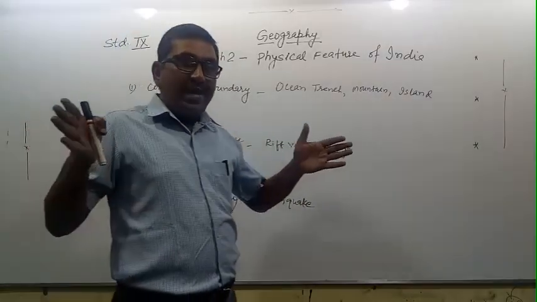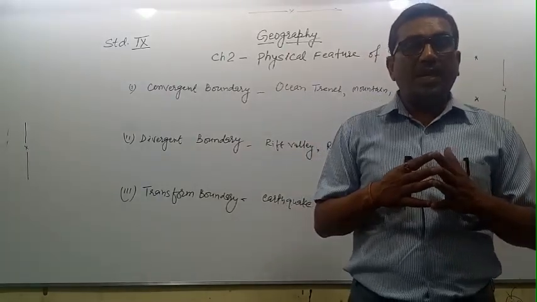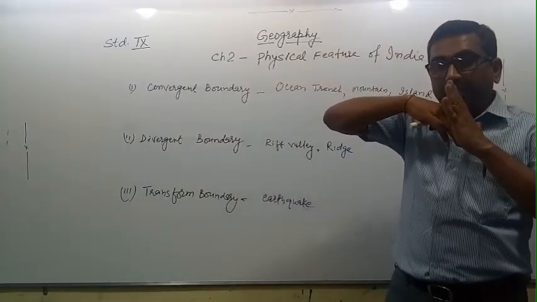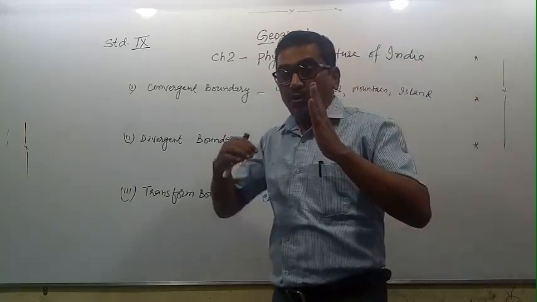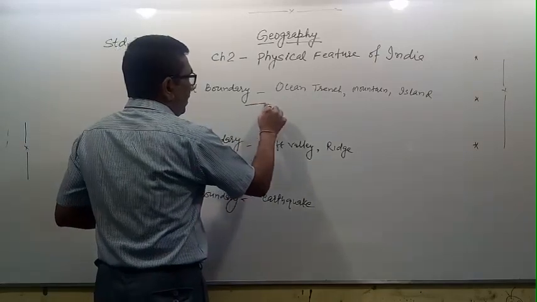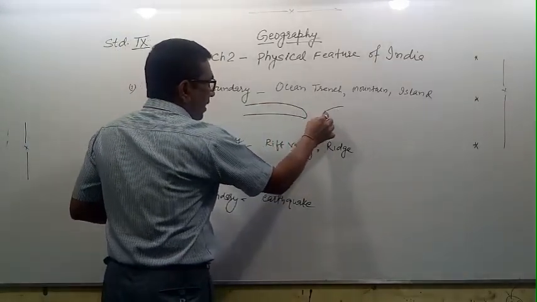When the two plates come closer to each other, then when they collide, one goes beneath the other. एक दूसरे के नीचे में चला जाता है. For example, if this is a plate coming, another plate will come.